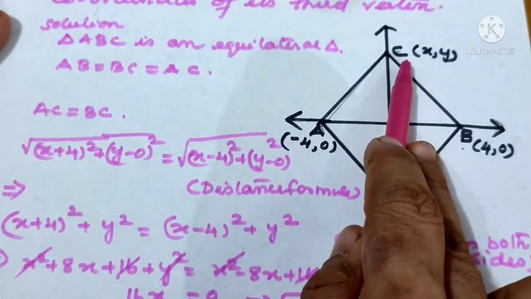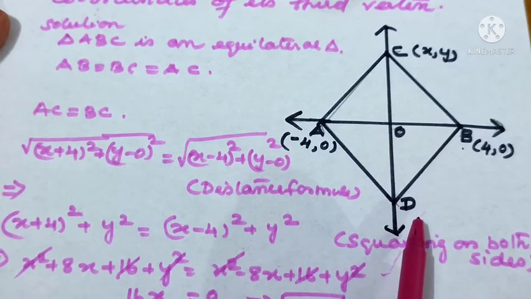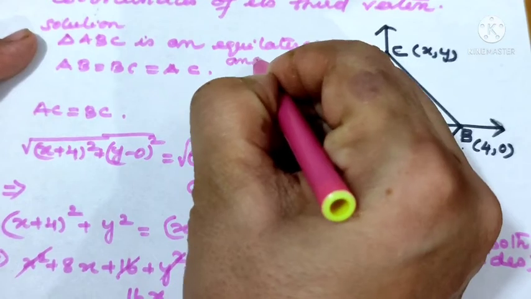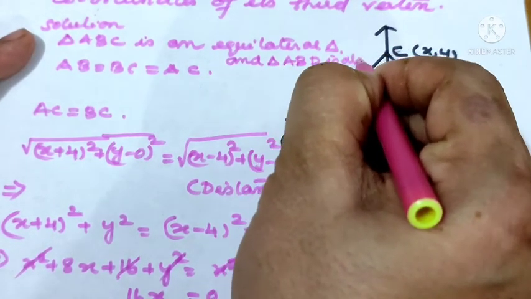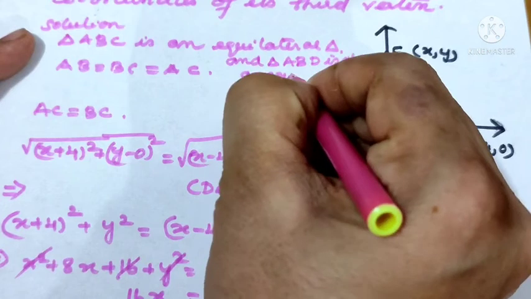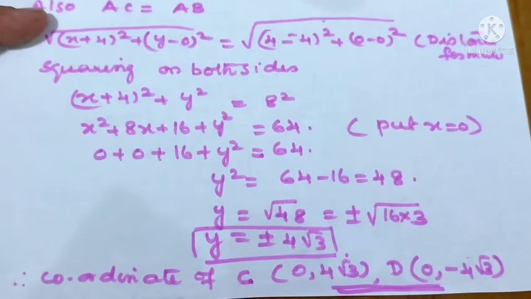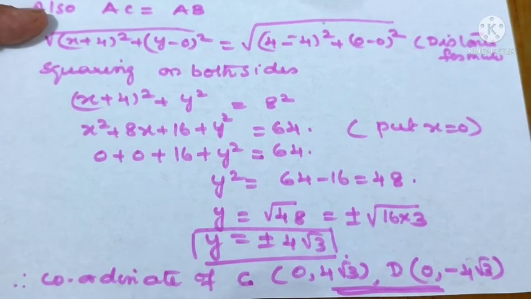So for the positive value C we can choose 0 comma 4 root 3, and D coordinate is 0 comma minus 4 root 3. So triangle ABC is an equilateral triangle we have written here. There also we can write triangle ABD. Therefore, the last line we can write: coordinate of C as 0 comma 4 root 3 and D as 0 comma minus 4 root 3.